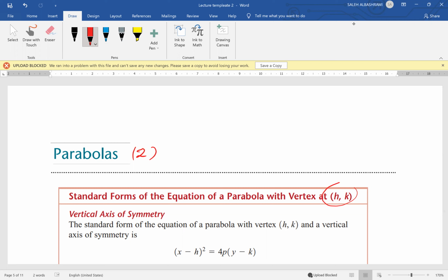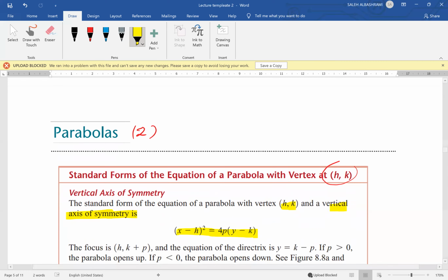The first case: the standard form of the equation of the parabola with vertex h, k and vertical axis of symmetry is given by (x minus h) to power 2 equals 4p multiplied by (y minus k).